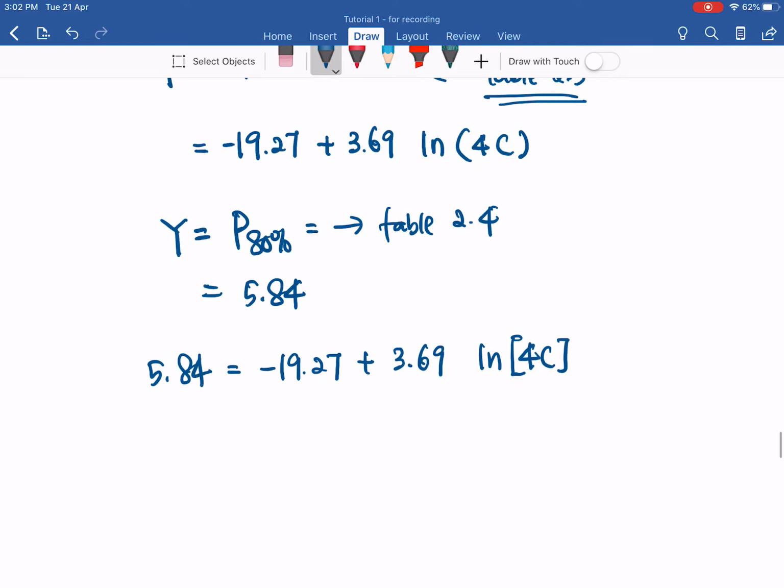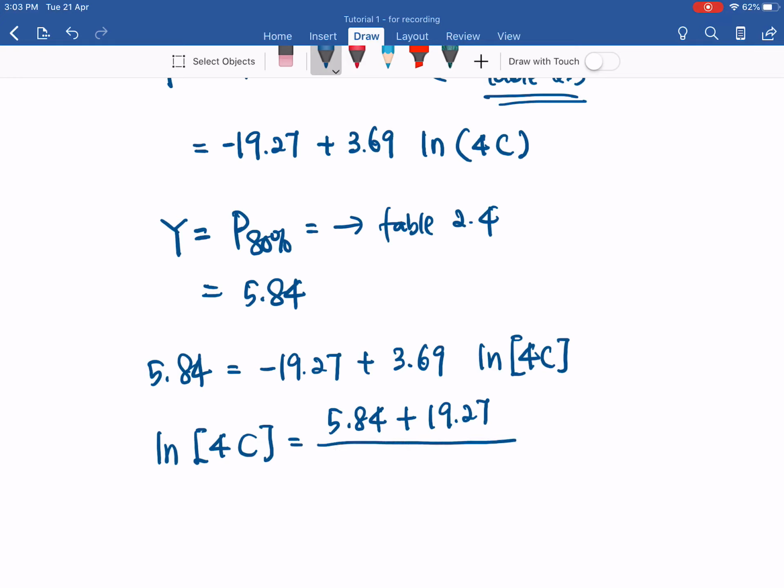In that case, ln 4C equals 5.84 plus 19.27, divided by 3.69. We get something along the line of 6.80.